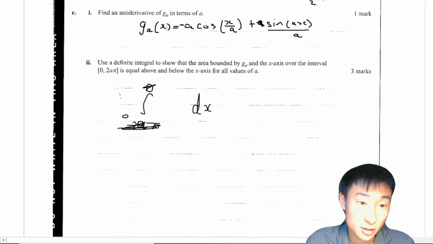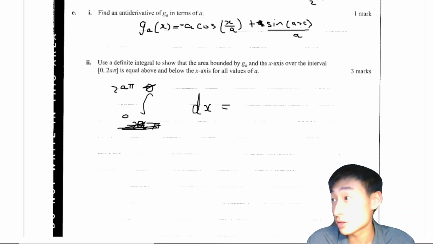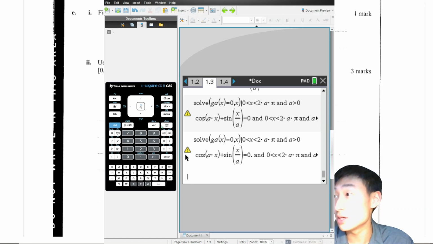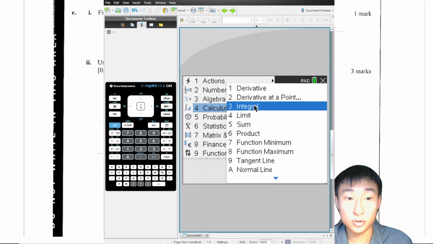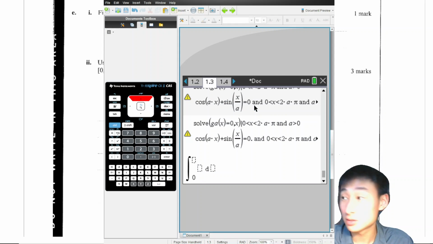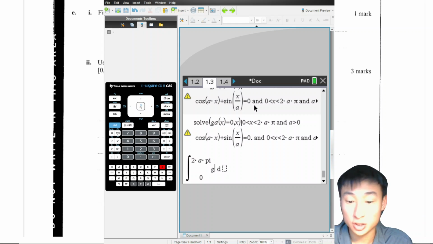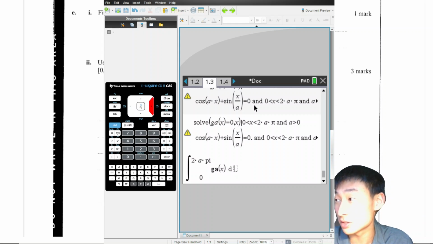I just write 0 to a pi. This should equal 0. So if I chuck that in my CAS, menu 430, 2 times a times pi, Ga of this should equal 0.